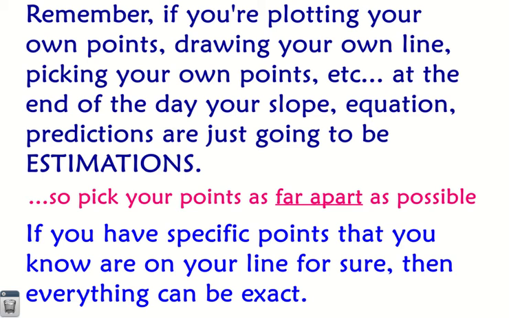But for the most part, especially if you're drawing your own line and picking your own points, you're guessing, oh, this point looks like it's on the line. At the end of the day, it's all going to be estimation.